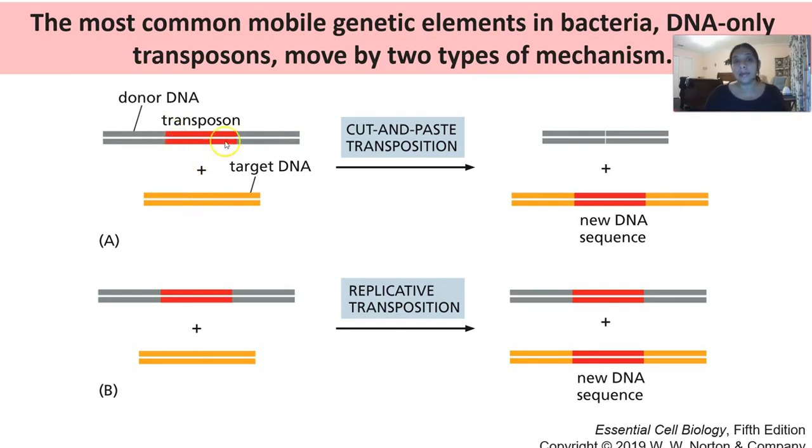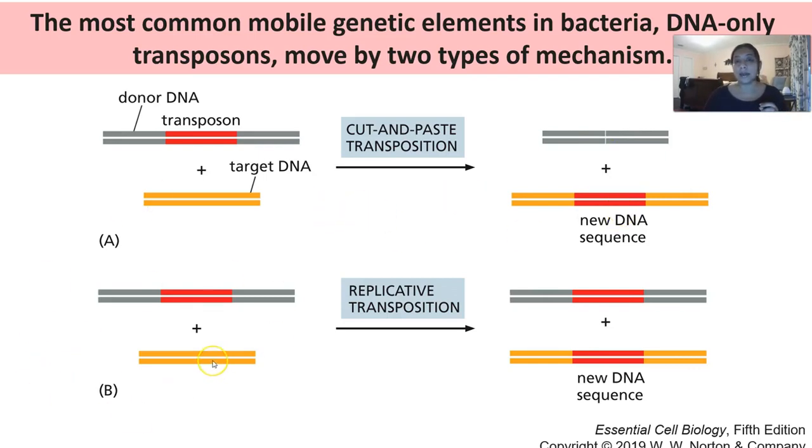Transposons themselves are usually cut and paste transpositions, so they are excised out of the donor DNA, and they then insert themselves into the adjacent DNA or the target DNA, leading to the target DNA having the new DNA sequence, and your donor DNA not having that sequence anymore. So it loses the transposon in the donor DNA and gains it in the new DNA sequence. This is called cut and paste transposition.